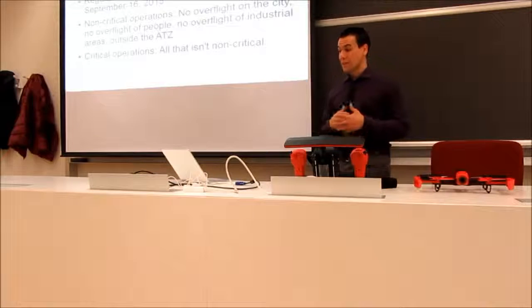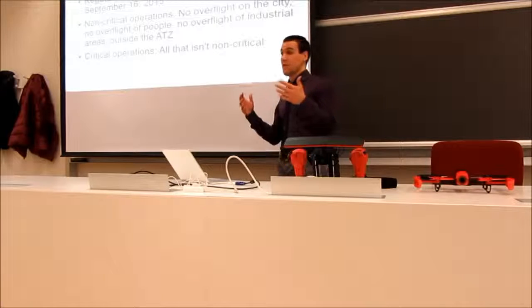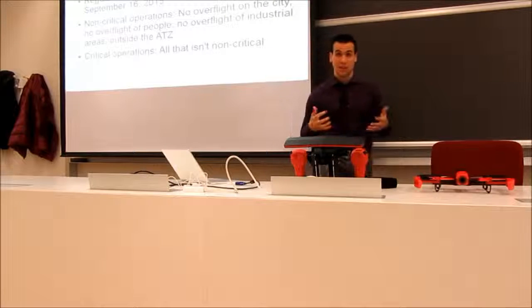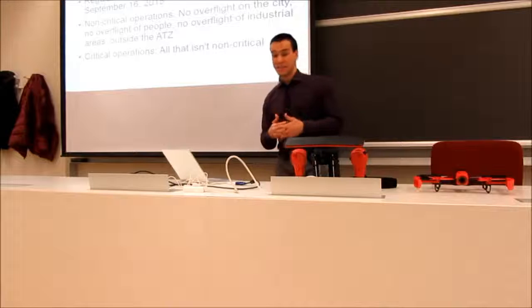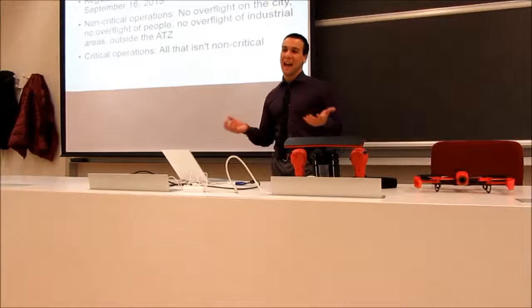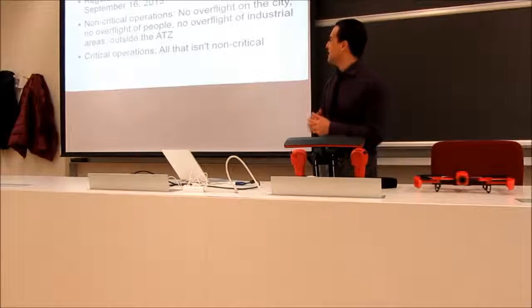The drone cannot fly over industrial areas, because if we overfly an industrial area, we have a security problem. And also, you cannot fly over the airport, because I think every one of you can think about this. It's very dangerous to fly a little drone near a very big aircraft, because it can be a mess.